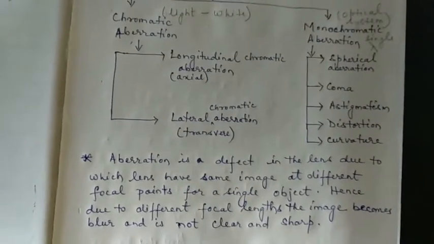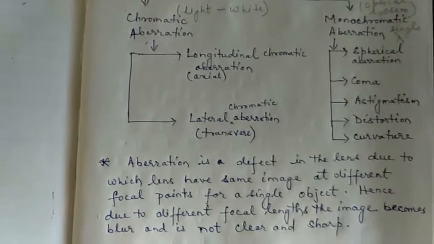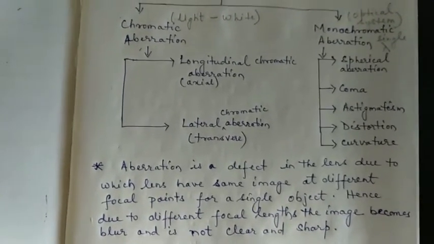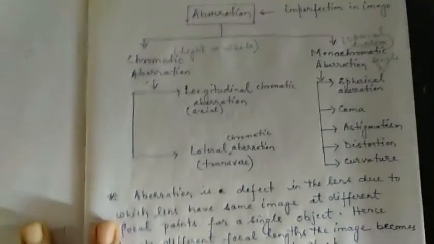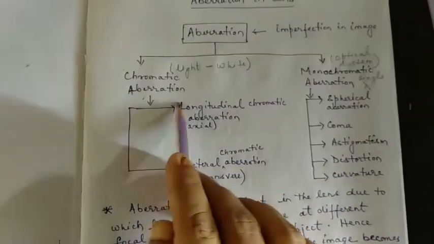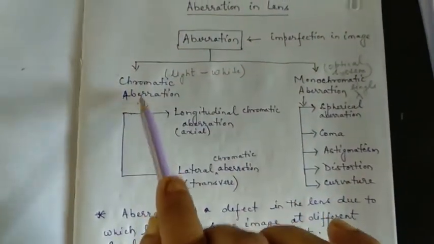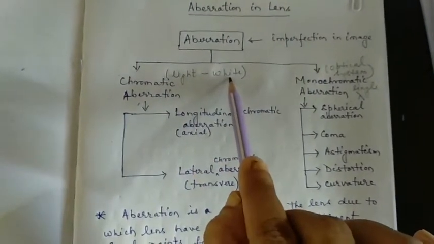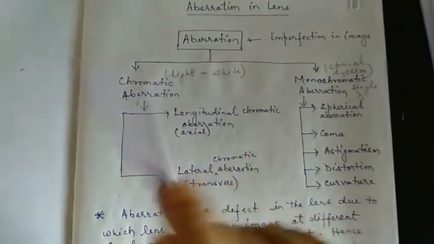Now, depending upon the different focal lengths at which we get the image for a single object, these aberrations are classified. Here you can see chromatic aberration, and the other one is monochromatic aberration. In chromatic aberration, we consider white light; it depends upon the white light, or you can say it depends upon the refractive index.